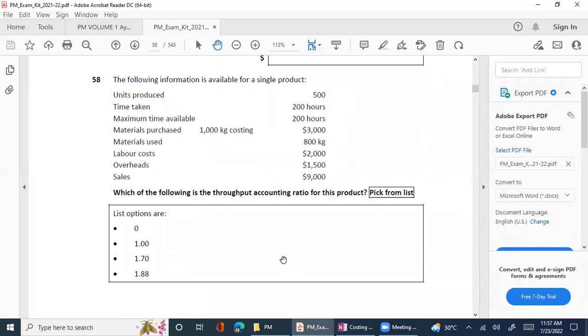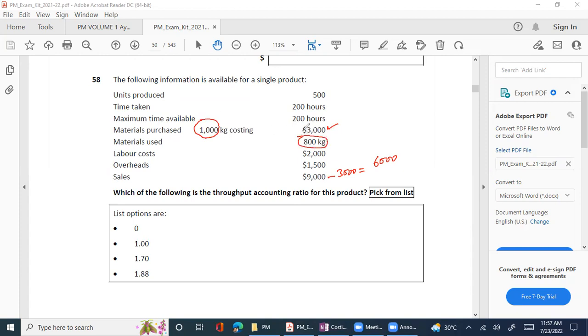For this, we need to subtract from the revenue, sales minus material cost. And what is the material cost? Material cost is given as 3,000. So 6,000 is the throughput. Now, there might be a confusion that this is the cost of purchasing, but we used only 800.